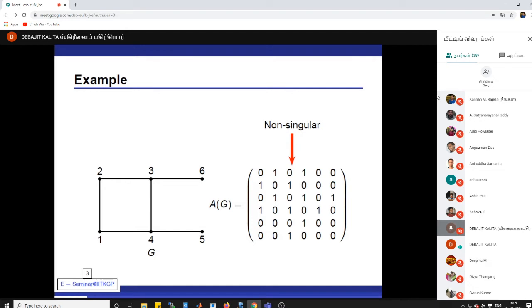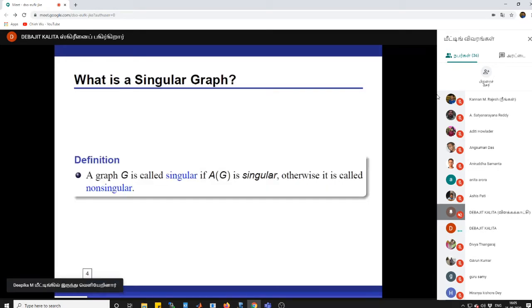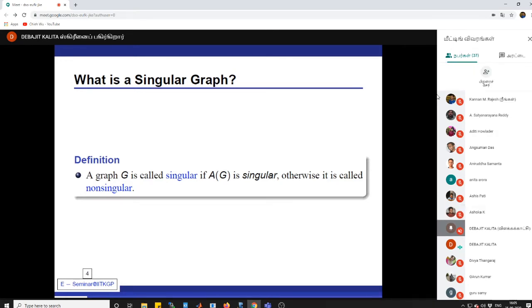So now it is confirmed that there are graphs where adjacency matrices are singular, and there are graphs where adjacency matrices are non-singular. So in view of that, one can define a graph to be singular if its adjacency matrix is singular, otherwise it is called non-singular. This is what people define as the singularity of a graph.